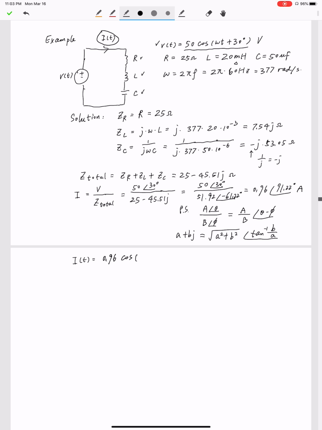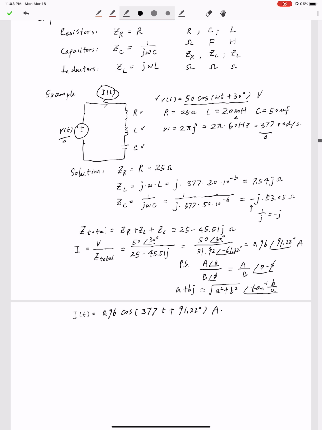And here omega should be the same omega as v(t), because the circuit is powered by this power supply, and the source frequency is 377 radian per second. So we just need to write 377 here times t plus the phase angle, which is 91.22 degrees. Unit is amp, right?